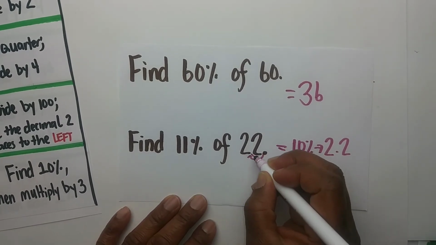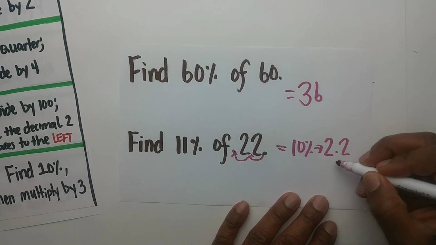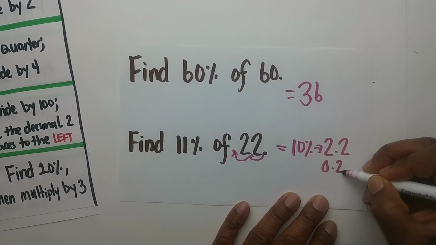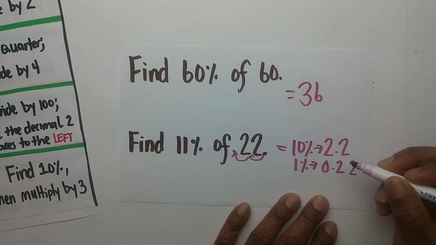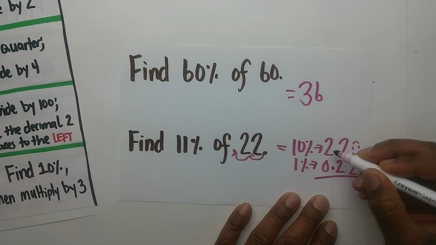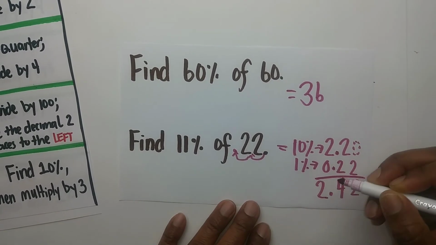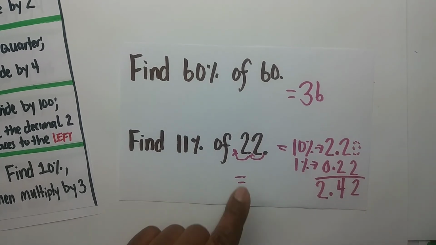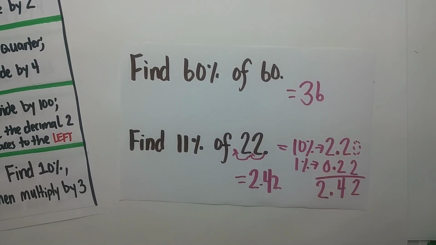So if I move this 1, 2, the decimal is there. And I want to make sure that I line up my place values, right? Tenths with tenths, hundredths with hundredths, ones with ones. So 11% of 22 is 2 42/100.